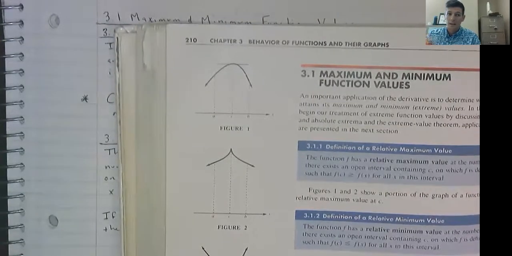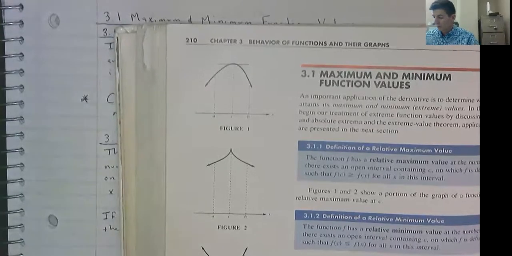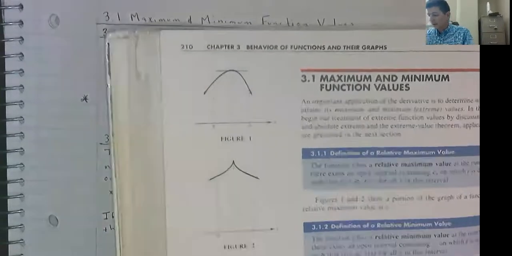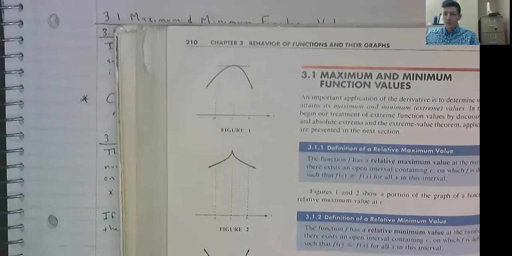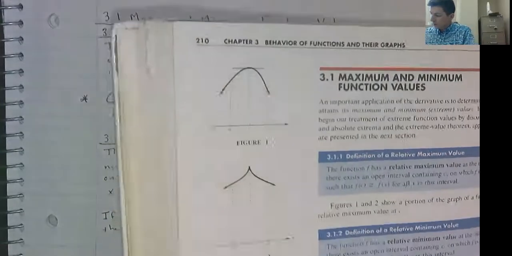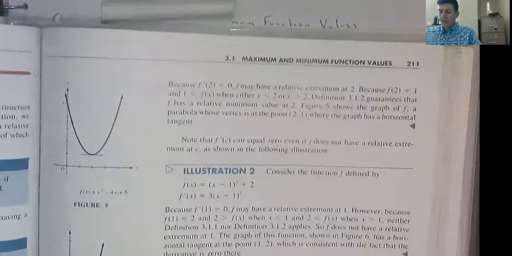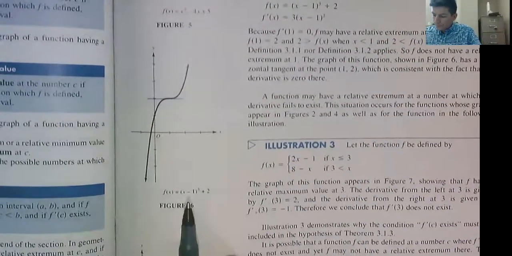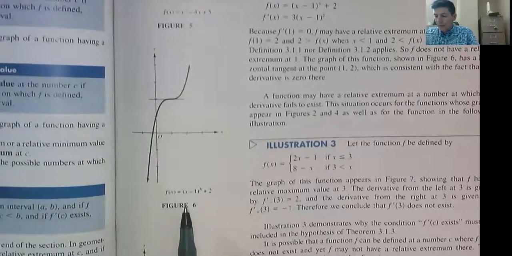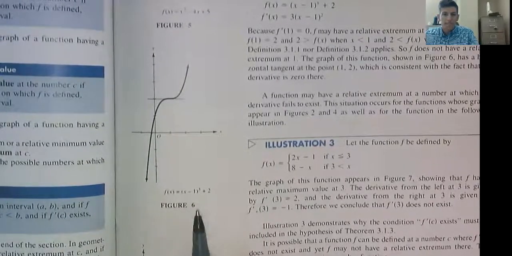Just knowing that does not guarantee that that location gives you a maximum or minimum. The great illustration, which we're not going to do out because its power is in the illustration, is figure 6, which shows the curve of f of x equals (x minus 1) cubed plus 2.